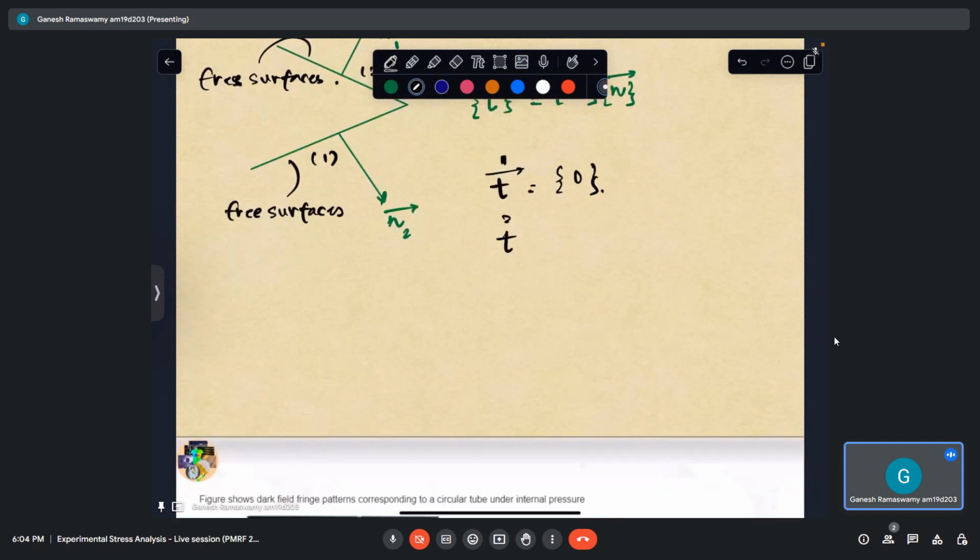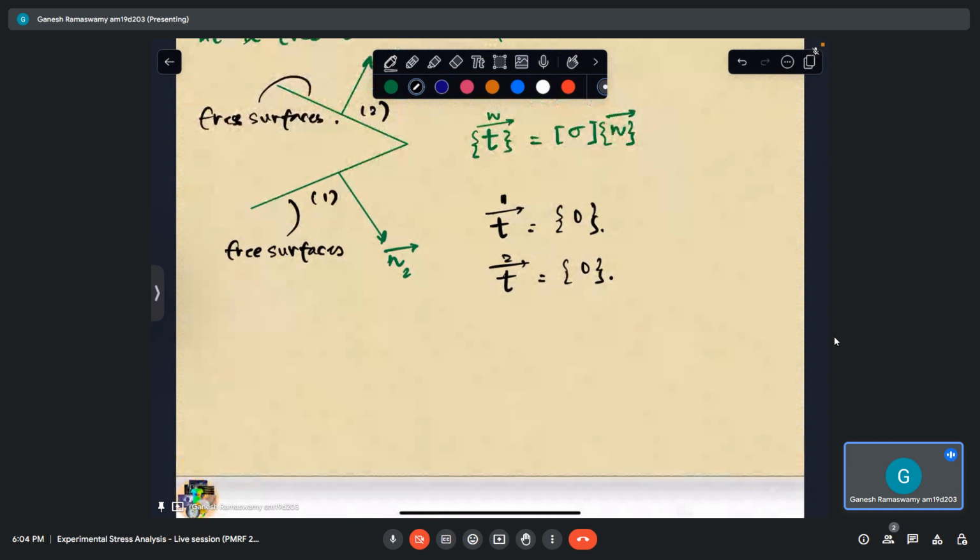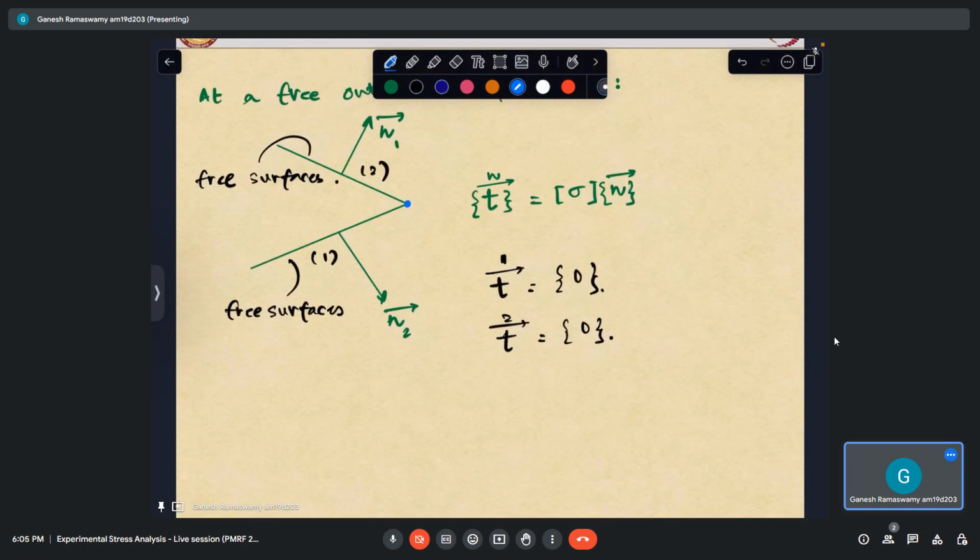Similarly, traction at surface 2 is also a 0 vector. Why? Because these are free surfaces, meaning free of applied traction. In such a case, if we were to look at this corner, it creates an ambiguity as to where we should take the normal vector at that point.